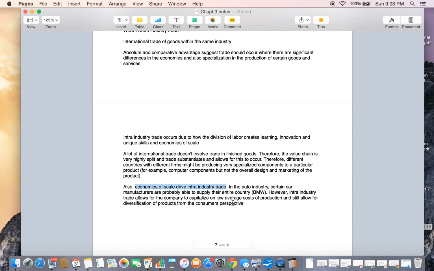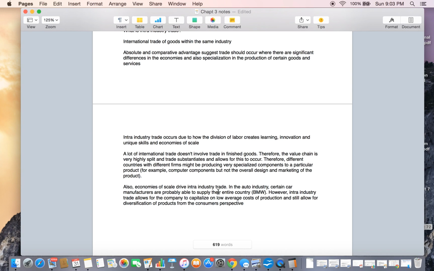A lot of auto manufacturers follow this model where you see a lot of intra-industry trade between countries because of economies of scale. So, say for example, BMW is a German auto manufacturer. They might have plants outside of Germany where they're manufacturing cars. They certainly have sales locations outside of their country where you can buy their vehicles.